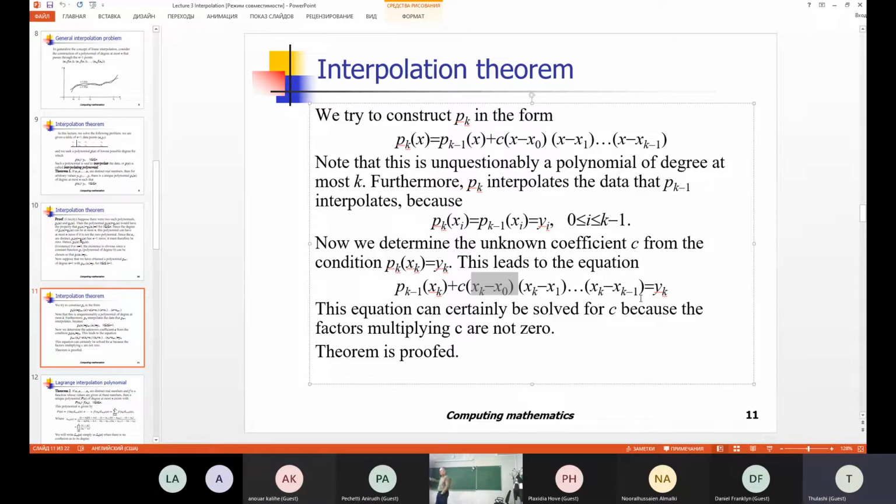What is the value of c from this equation? c equals yk minus P_{k-1} at the point xk over xk minus x0 and so on, xk minus x_{k-1}.